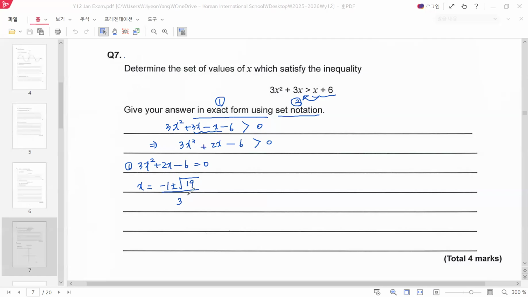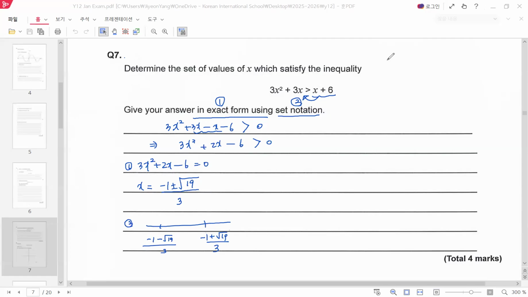Yes. So this is the exact value. And then let's solve the quadratic equation. There are two values here: one is -1 minus square root 19 over 3. The other one is -1 plus square root 19 divided by 3.